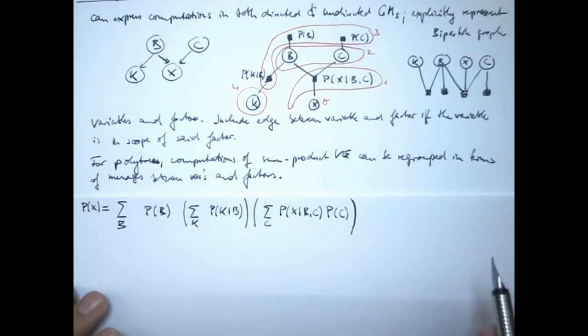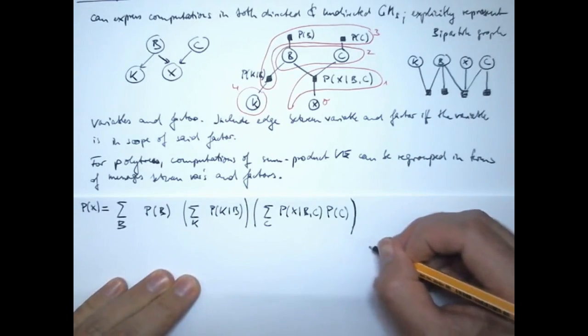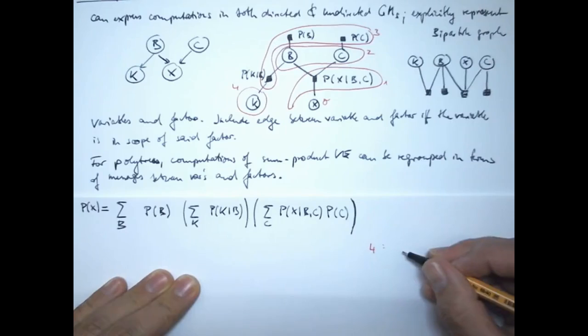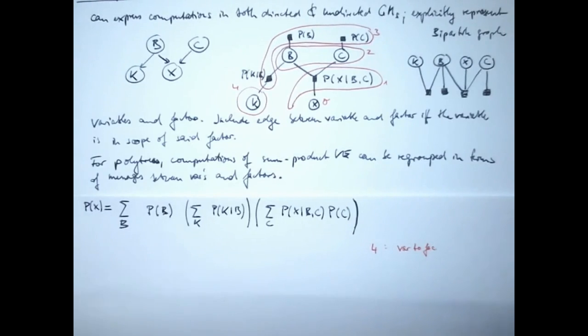And I now want to decompose it according to these different levels. So at level number 4, we're sending messages from a single variable to a factor.